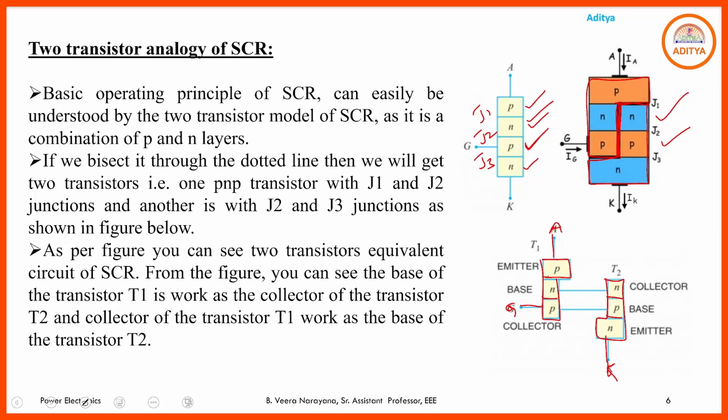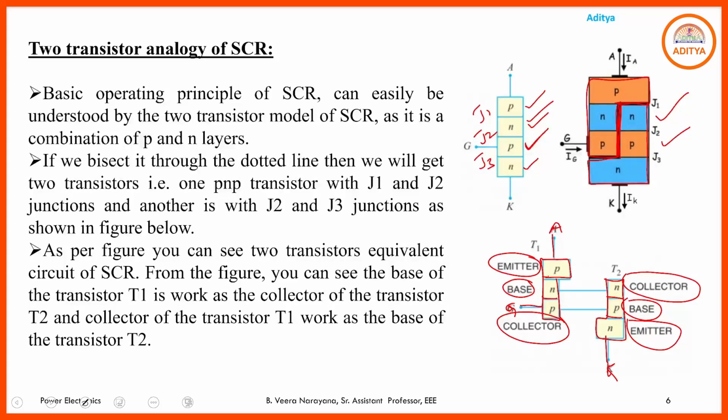The terminals of the transistor are emitter, base and collector. For the PNP transistor, this one is the emitter, this is the base, and this is the collector. For the NPN transistor, here it is collector, base and emitter.